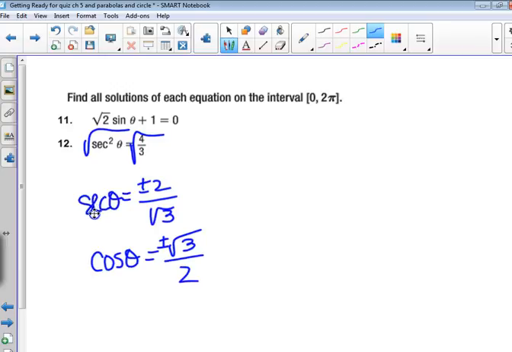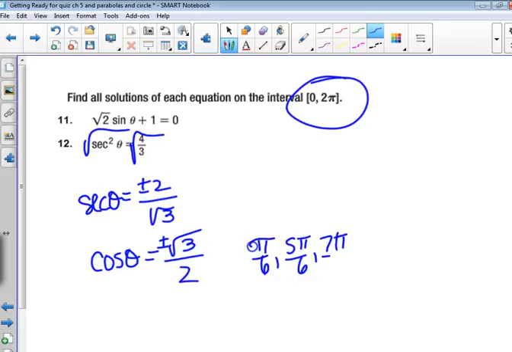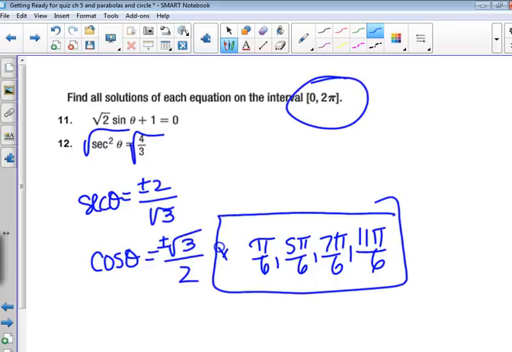The reciprocal of secant is cosine, and there's 4 places that that's true between 0 and 2 pi. Pi over 6, 5 pi over 6, 7 pi over 6, and 11 pi over 6. Why is it 4 places? Yeah, because it was plus or minus. X equals those 4. Yep, because it says just 0 to 2 pi.